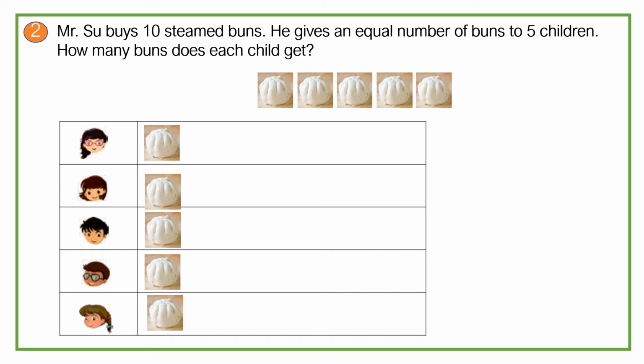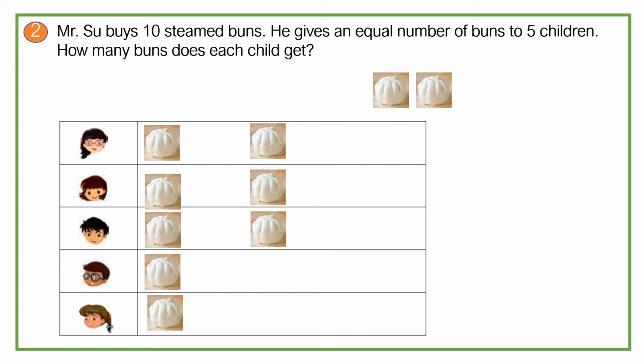So, each child has got 1 bun. Let us give 1 more bun to each child. 1, 1, 1, 1, and 1. So each child has got 2 buns and no bun is left.